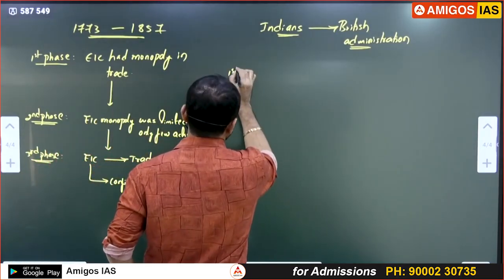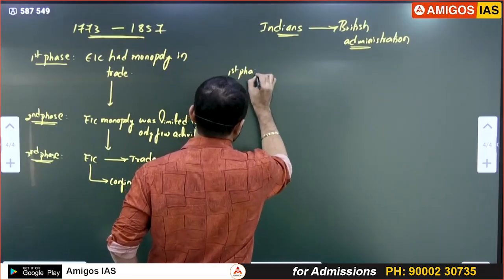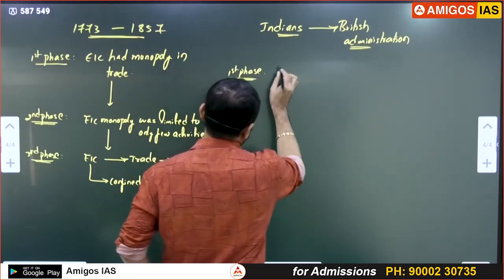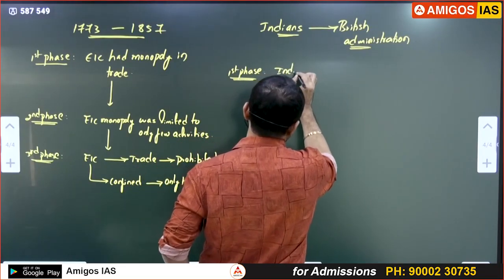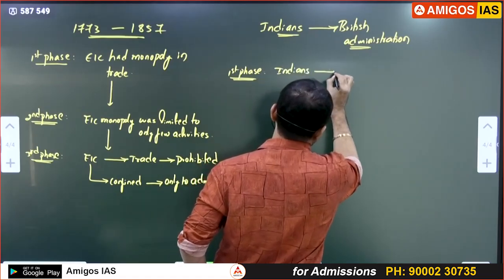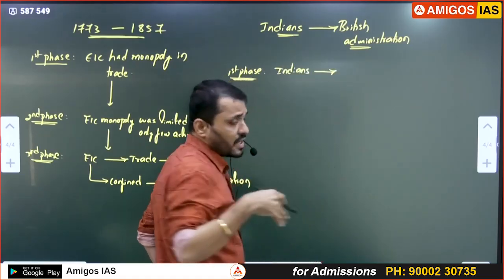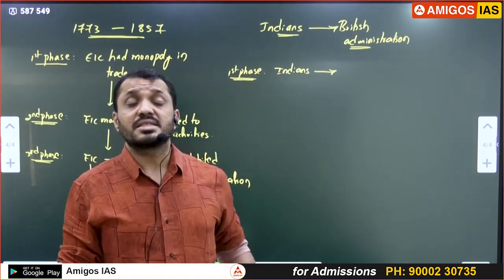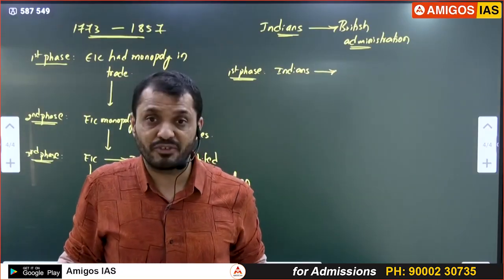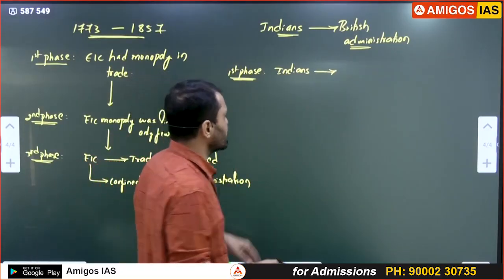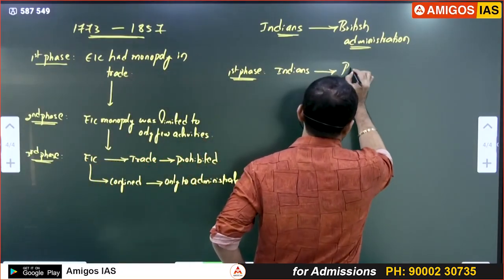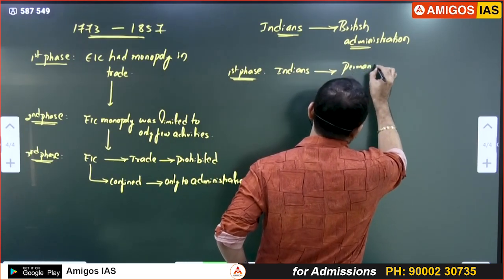In the first phase, Indians were taken into the permanent executive, that means government officials. So first, Indians got the opportunity of permanent executive.